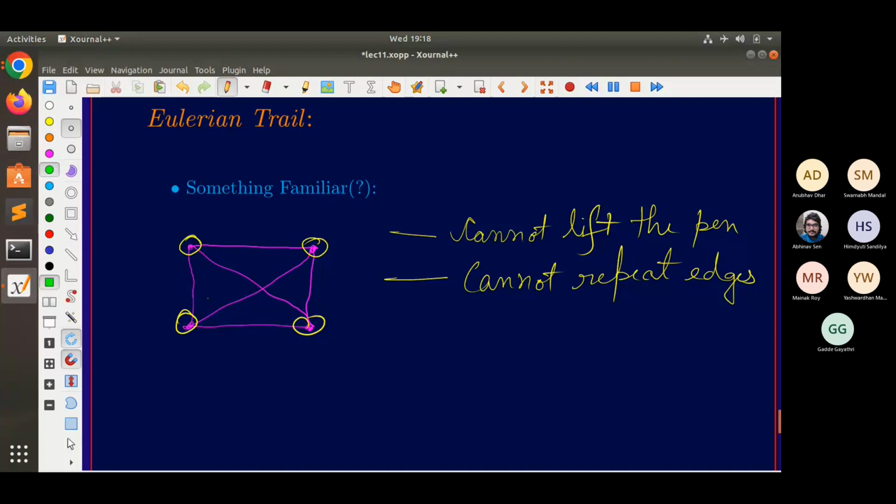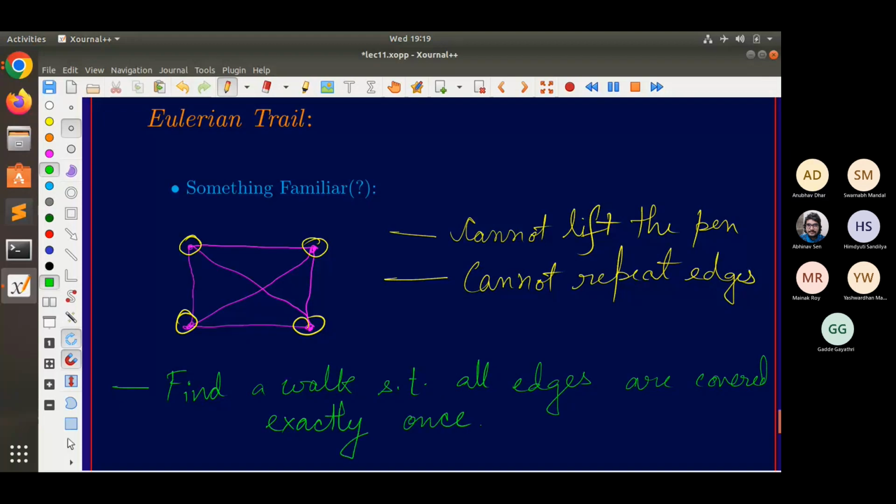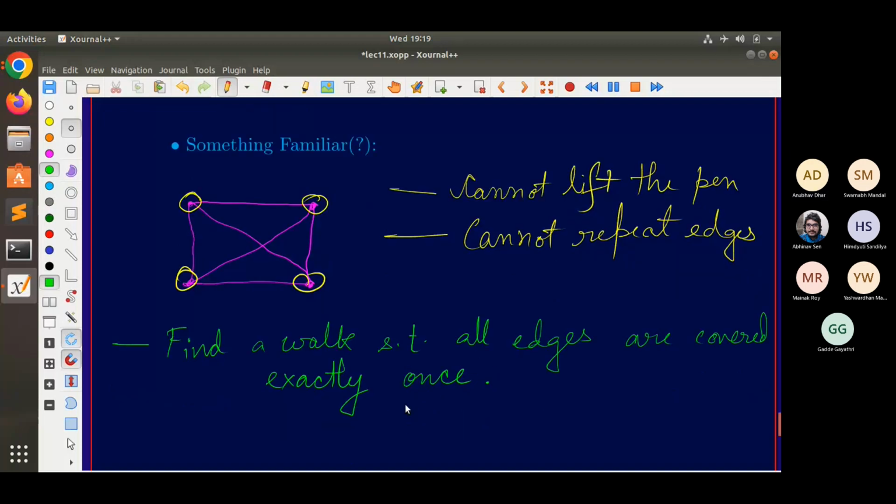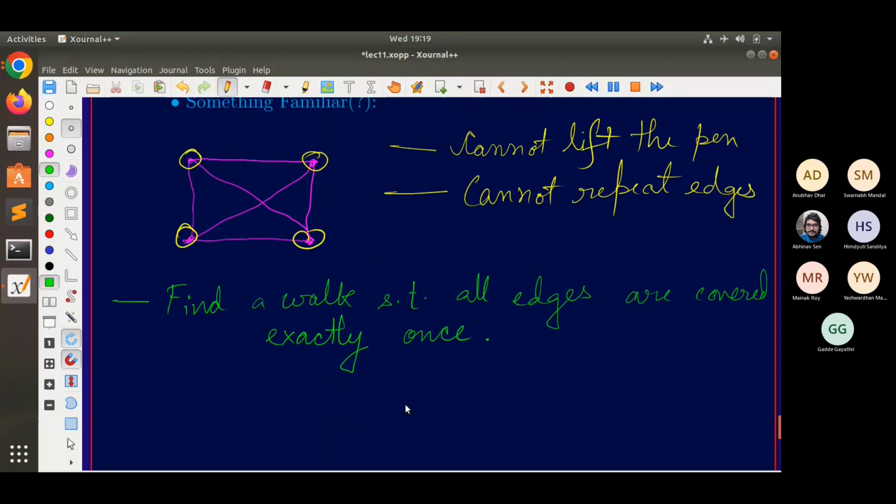So, find a walk such that all edges are covered exactly once.